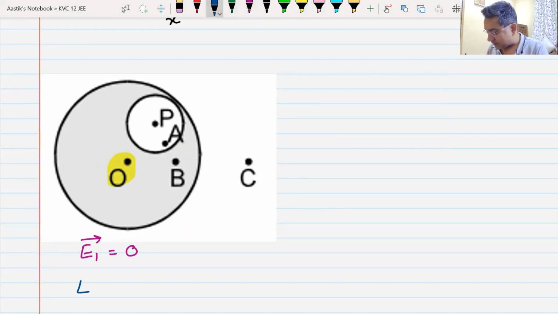Now the second sphere electric field will be minus rho into what? N vector. It is outside this, right? So remember, it is outside. Rho into r cube by 3 epsilon naught.